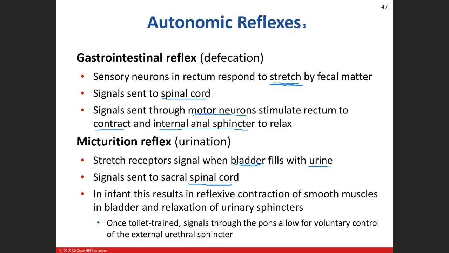Meanwhile, we have two sphincters in the bladder, and the internal urethral sphincter will relax. But don't forget, there's a second sphincter there. That's the external urethral sphincter, and that's under our voluntary control. This is what you learn how to control during potty training.